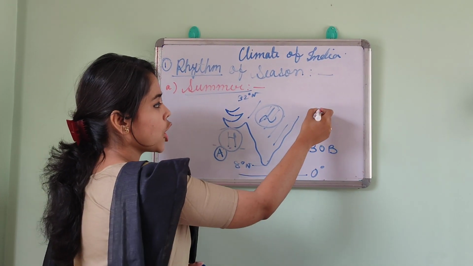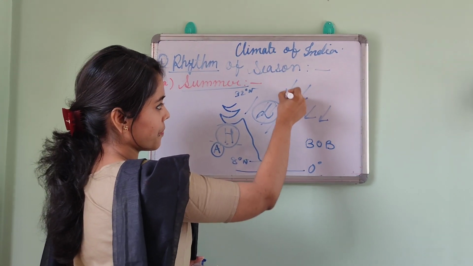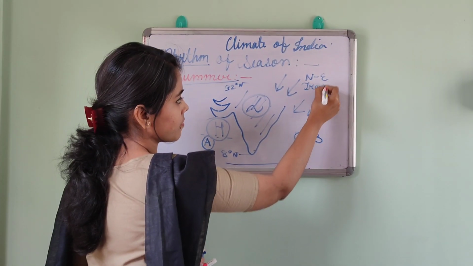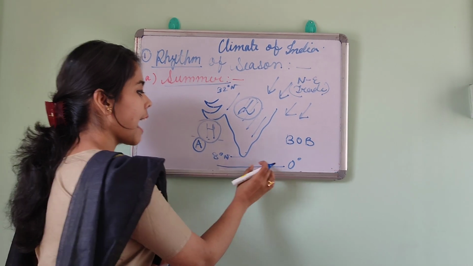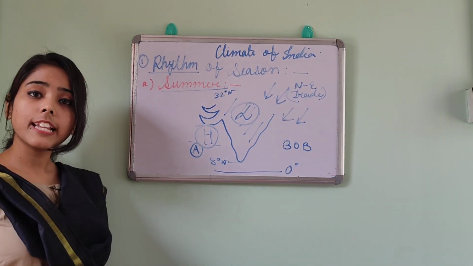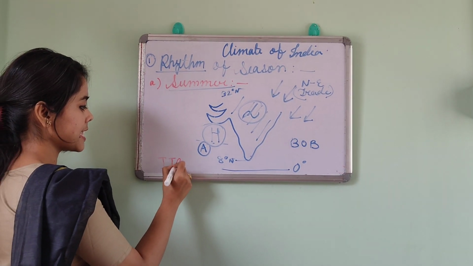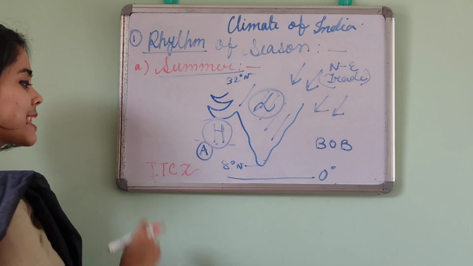So generally the northeast wind is coming from the northeastern side, right? This is the northeast trade wind, it will come from this side. And here another important thing, that is ITCZ. It is situated.